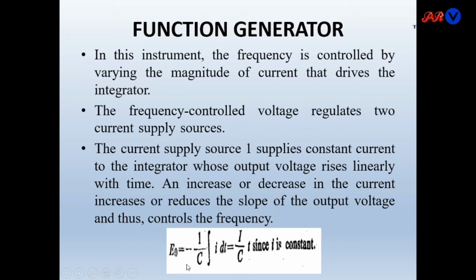So, this is the output of the integrator, E naught = -(1/C) ∫ I dt = (I/C) t, since I is constant. So as I is constant, the voltage will rise linearly with time, and it will drop linearly with time also when the current reverses.